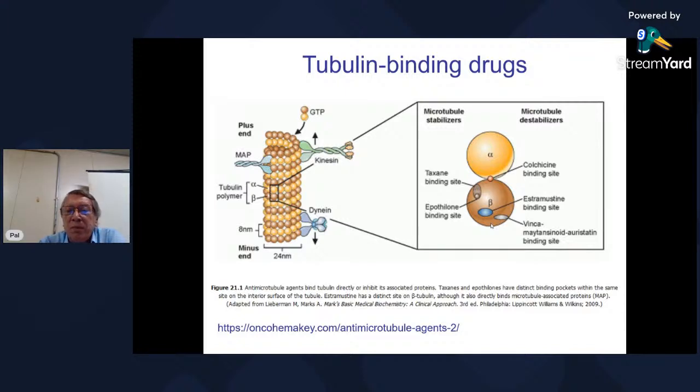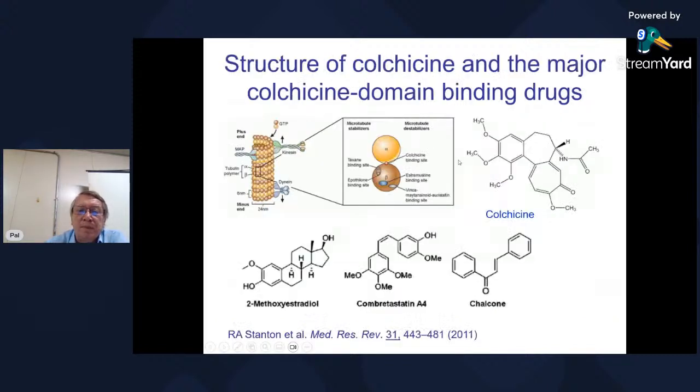And the colchicine binding site is important from that aspect that the chalcones and the known tubulin active flavonoids bind to this colchicine binding site of the microtubules.